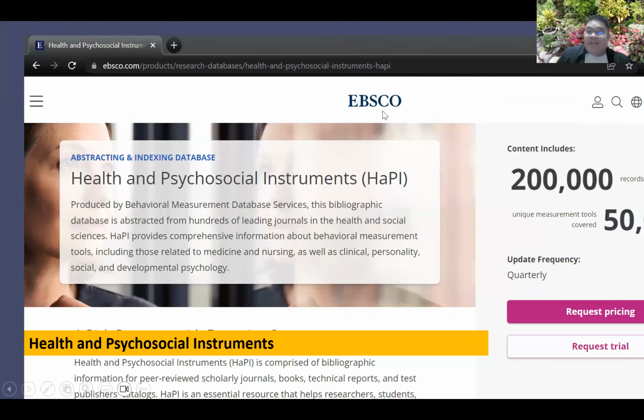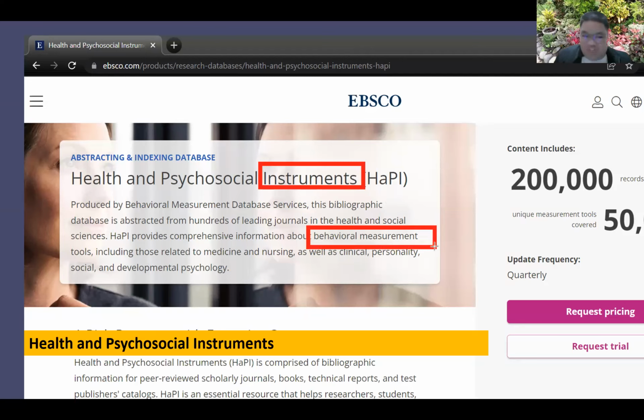Then, still under EBSCO, the one that we refer to as HAPI. Your HAPI is the Health and Psychosocial Instruments. So class, when we say health and psychosocial instruments, look at the word there, instruments. Ibig sabihin, class, it is a database of behavioral measurement tools used in medicine, nursing, clinical personality, and social development psychology.